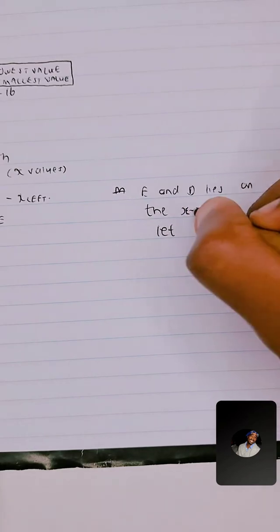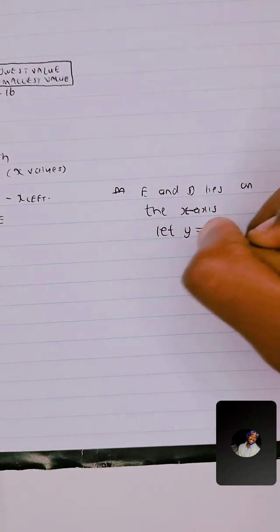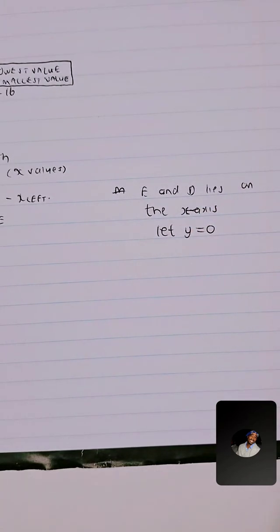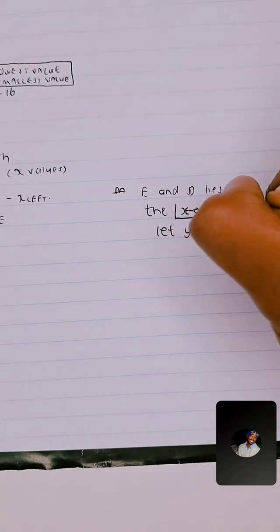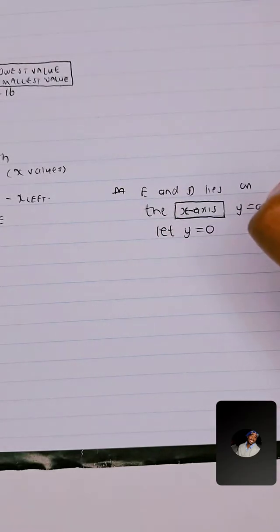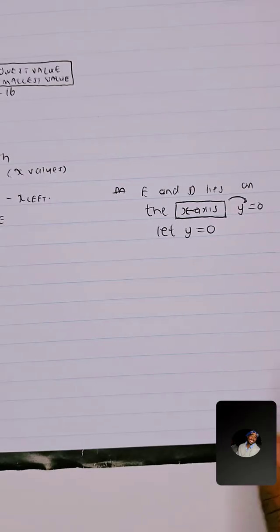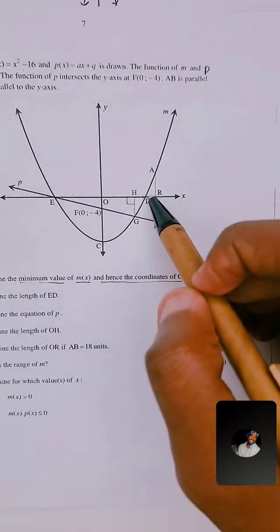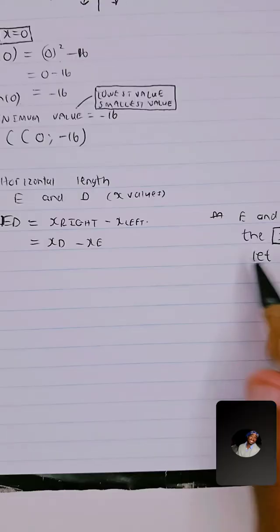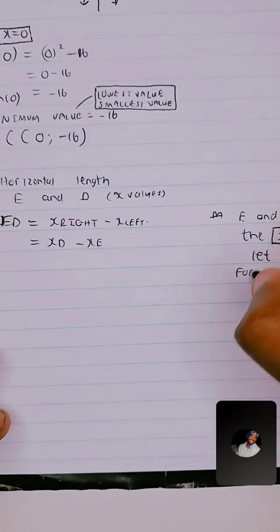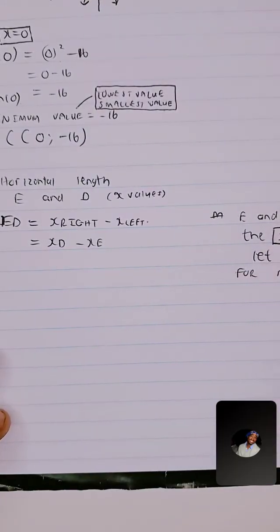What are we going to let? We're going to let y be equal to 0, because the equation of the x-axis is y equals 0. Very important for you to know that. Since the parabola passes through those points, we let y be equal to 0 for m of x.